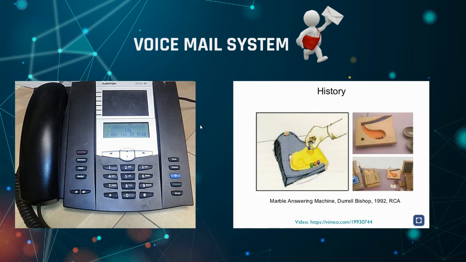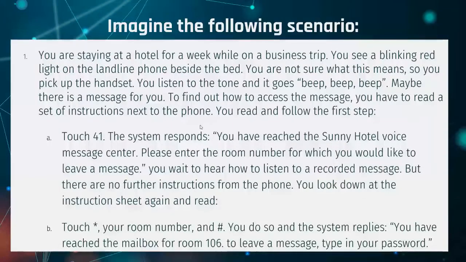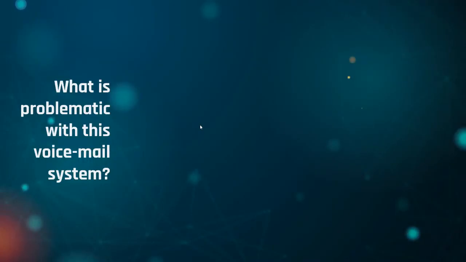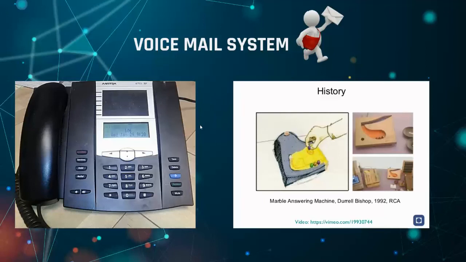The first one is a certain voicemail system that requires a lot of steps and has a lot of negatives, a lot of problems as a system, compared to the marble answering machine, although it has more advantages and is okay in terms of design, but it still has negative aspects in its usage, depending on which setup is more appropriate.